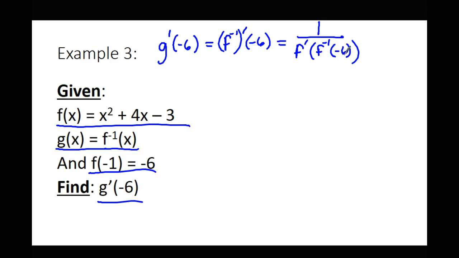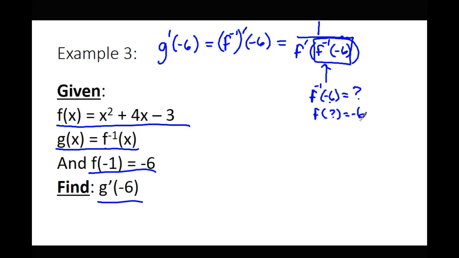Okay. So, we're going to simplify this now. What does f inverse of -6 equal? -1. I'll still show my work, but you don't have to do this. So if f inverse of -6 equals blank, then f of blank equals -6.